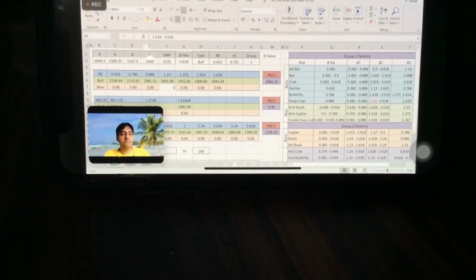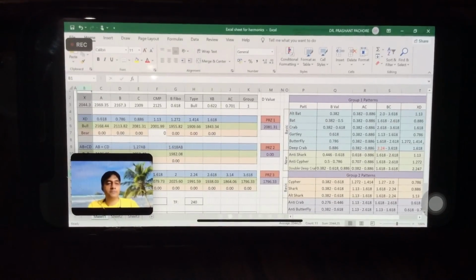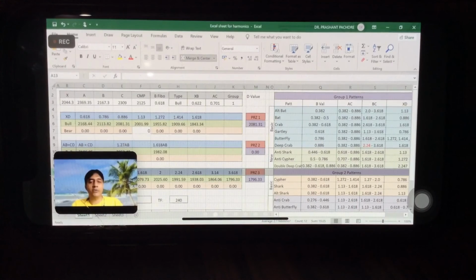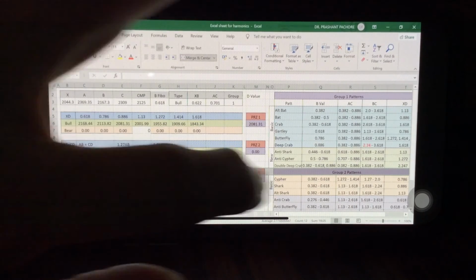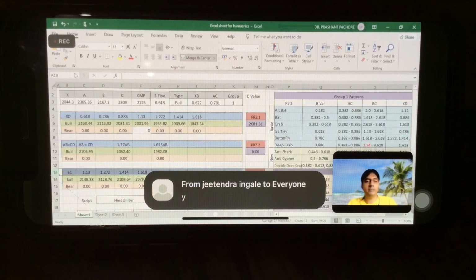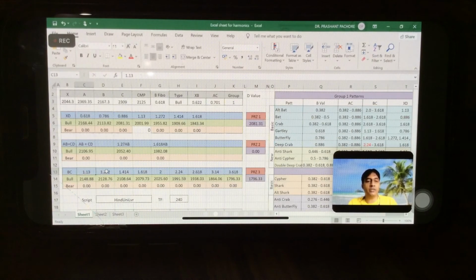So where is BC? BC is at B column, row 13. Can you make out? I have written BC, B column, row 13. So these are the BC projections: 1.13, 1.27, 1.41, 1.618, 2.24, 2.618, 3.14, 3.618.